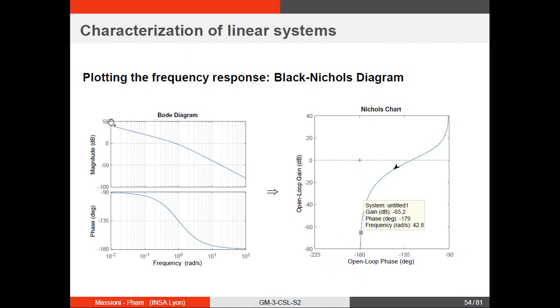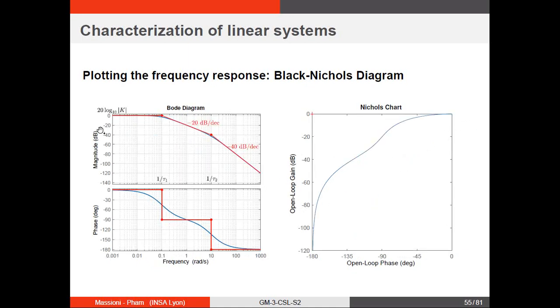So basically, this diagram goes from plus infinity at minus 90 degrees to minus infinity at minus 180 degrees. If you draw it by hand, of course you don't know exactly where it will cut unless you pay attention. For example, if you want to know where it cuts at 0 dB, you just read it here. It's not so difficult, but in general, if you draw it by hand, some kind of approximation is of course implied.